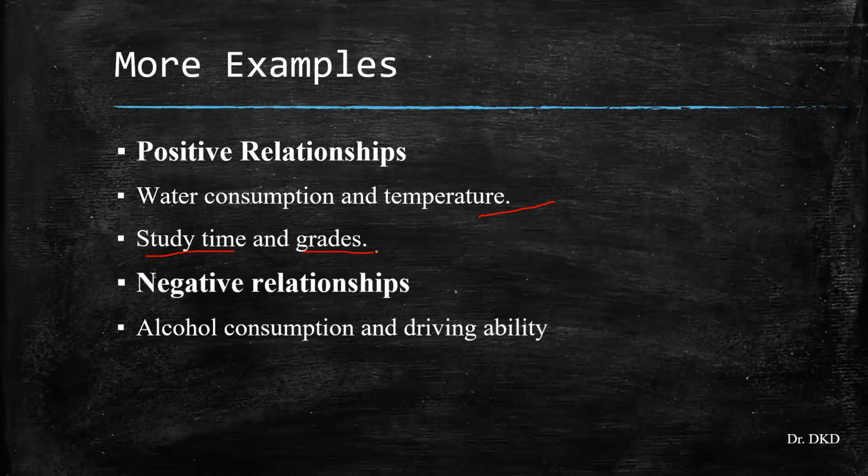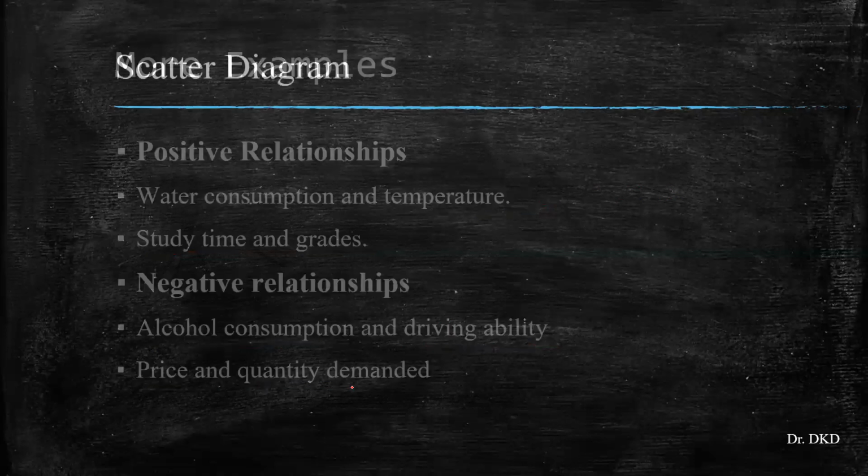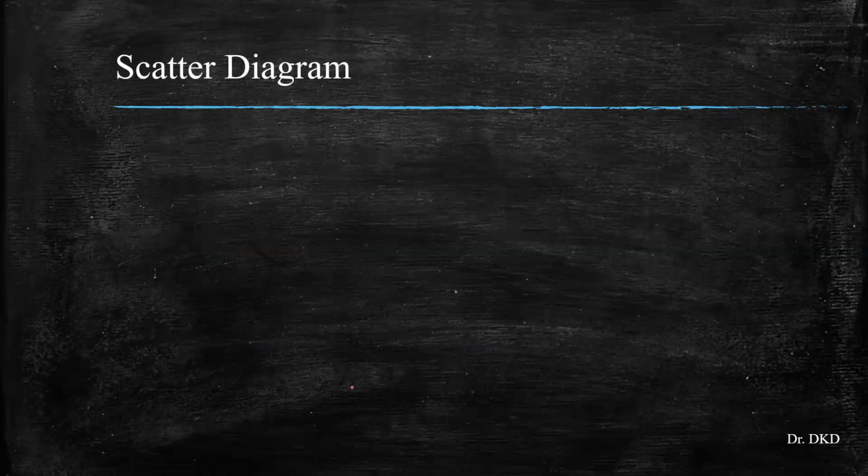For negative relationships, if alcohol consumption, that is x, is increasing, then driving ability would be decreasing. This is a negative relationship. When price is increasing, quantity demanded is decreasing. This is again a negative relationship. So these are the positive and negative relationships.